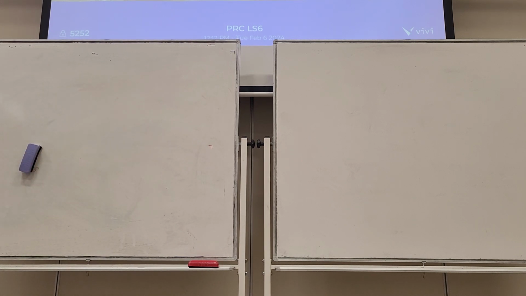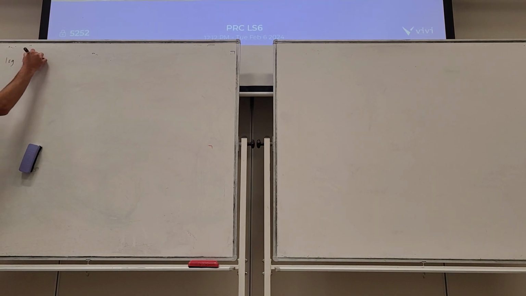Our first one: write an equivalent exponential statement for the following. We have log of 100 equals 2. This is a logarithmic statement. We need an exponential statement. What's my base? My base is 10. So 10 to the power of 2 equals 100.